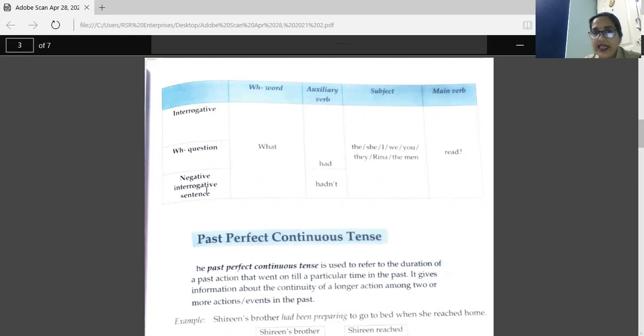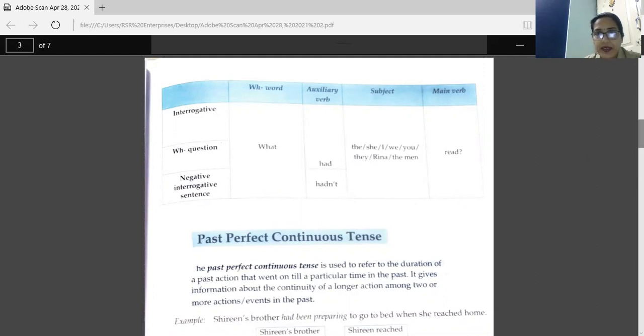Negative interrogative sentence. Use of WH word, what, hadn't, or you can say had not, they read. So this is the structure in negative interrogative using WH word. Without WH word, had they read this book or that book?